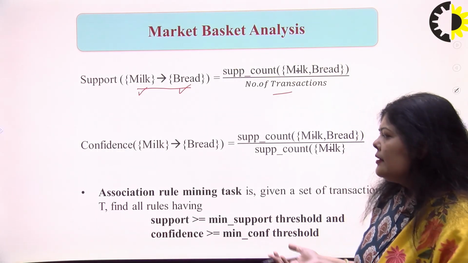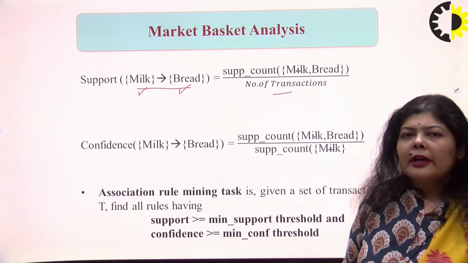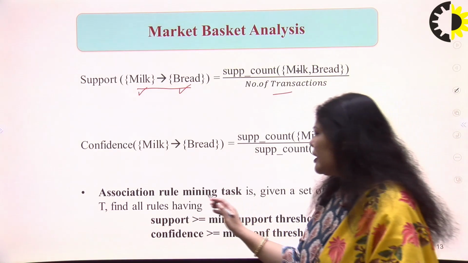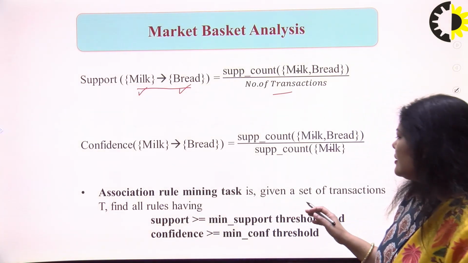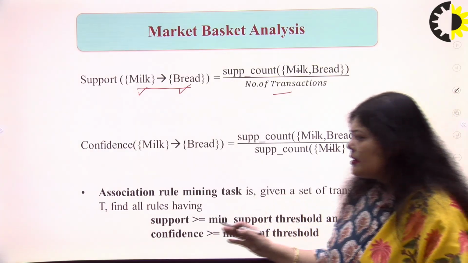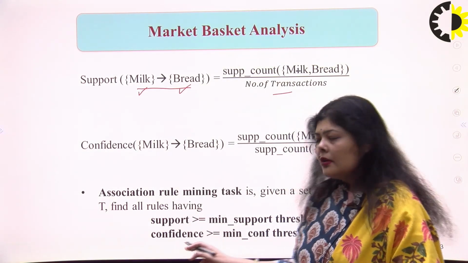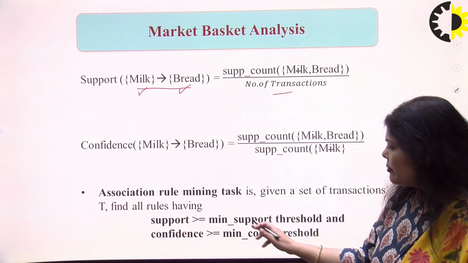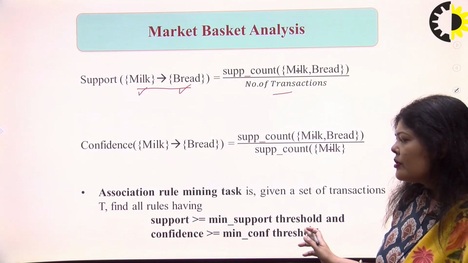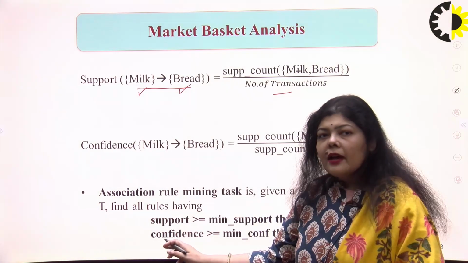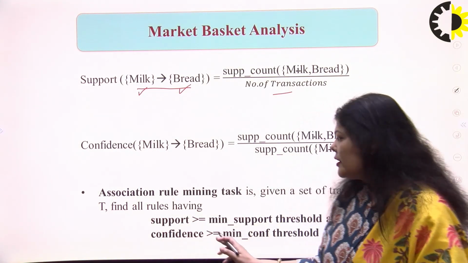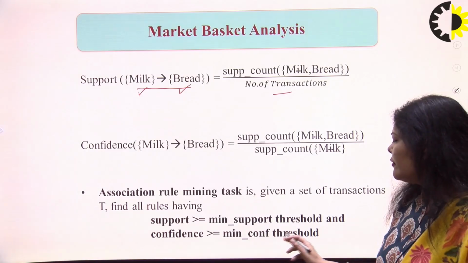Now let's define what the association rule mining task is. Given a set of transactions T, find all rules which have support greater than or equal to the minimum support threshold, and a confidence value greater than or equal to the minimum confidence threshold.